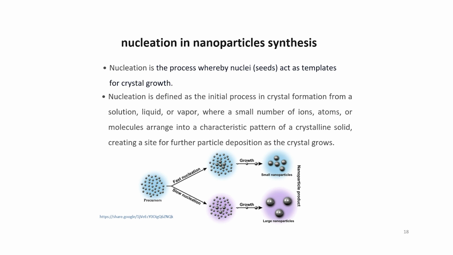So what is nucleation? It is a process after you put your precursor. What happens is, how do nanoparticles form? They just don't form just like that. First nucleation happens where the tiny seeds are formed that act as templates for crystal growth.